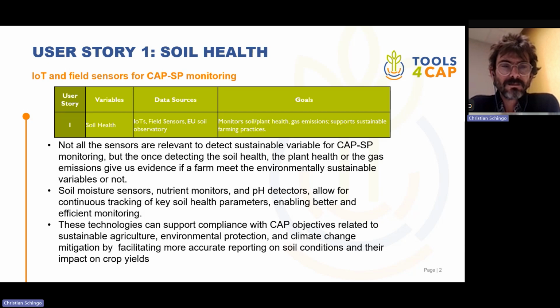So the soil moisture sensors, nutrient monitors, and pH detectors allow us continuous tracking of the soil parameters, enabling better, more efficient, and faster monitoring of the soil health.